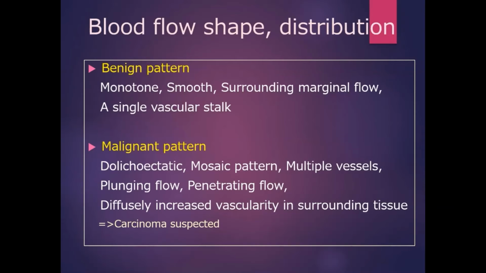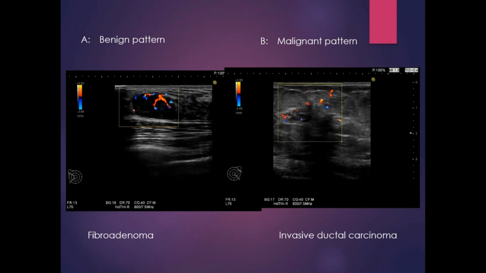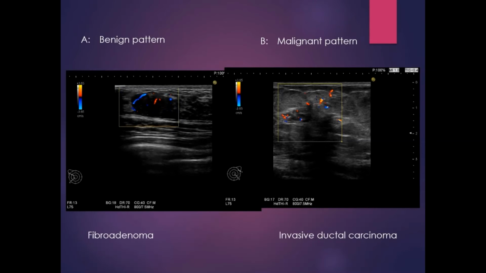tissue. In these cases, both A and B are judged as hypervascular because multiple blood flows are found inside the tumor. But if a blood flow is smooth and running in uniform velocity like A, or running along the boundary and the septum, it is regarded as benign pattern and characteristic of fibroadenoma.